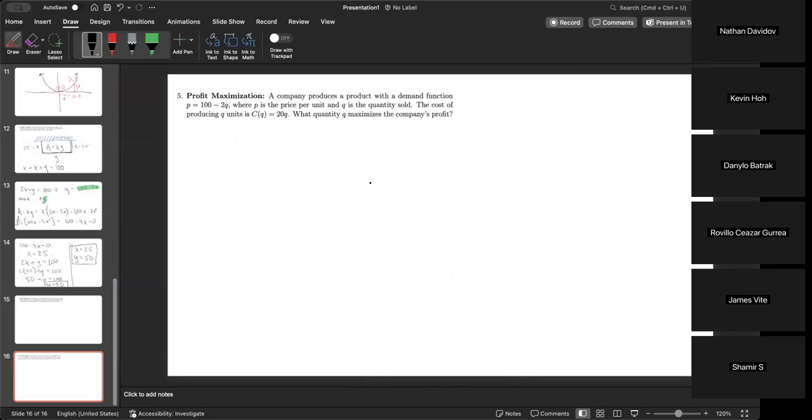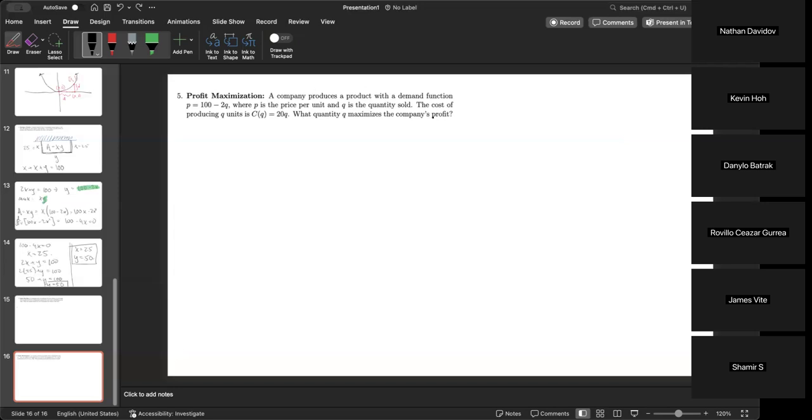A company produces a product with a demand function as follows. Q is the quantity sold, and P is the price per unit. What quantity Q maximizes the company profit?